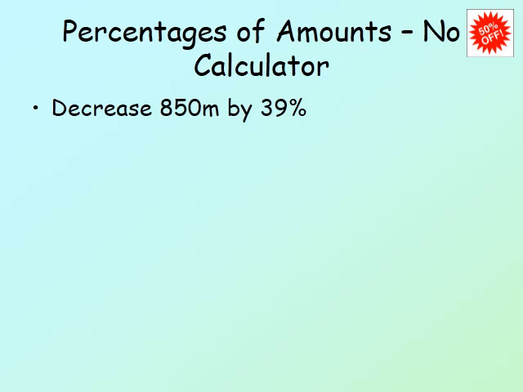Okay, in this question we are going to decrease 850 by 39%. So we need 40% and 1%, and of course in this case we're going to take that off, and don't forget this is a decrease, so the amount is going to be lower.